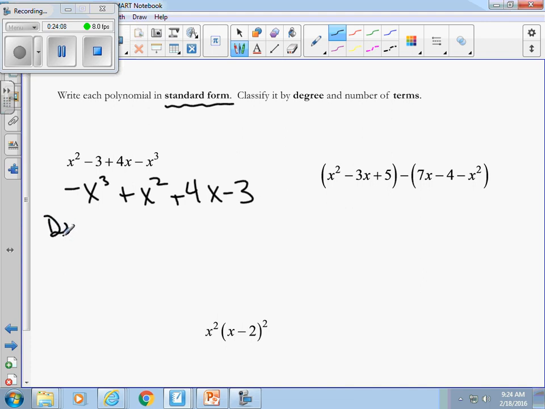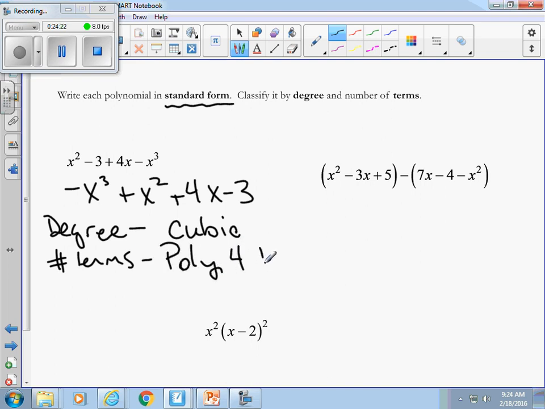If I want to classify it by its degree, what is it? Cubic. And by the number of terms? Good. Polynomial of 4 terms. It's not a trinomial or a binomial. It has more than that. So it's polynomial of 4 terms.